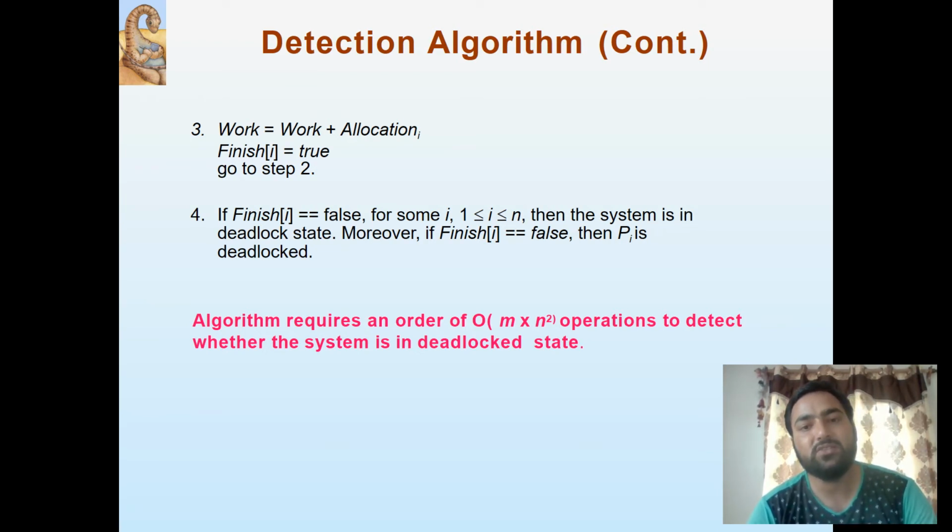Moreover, if finish is equal to false for i, then process i is deadlocked. That means the particular process that is under execution is a deadlocked process. So this algorithm requires an order of m times n square operations to detect whether the system is in a deadlocked state.